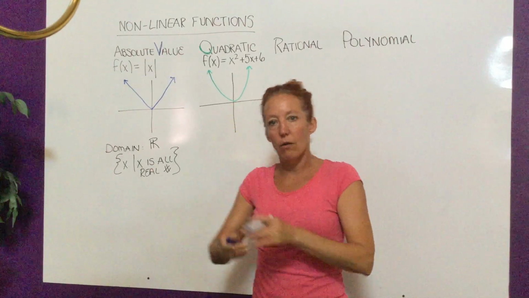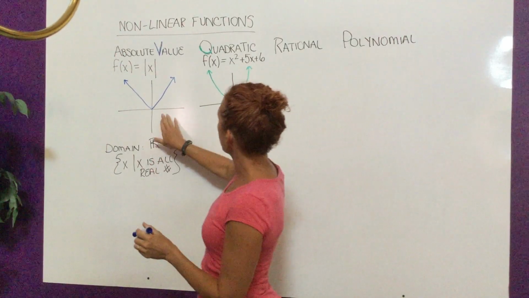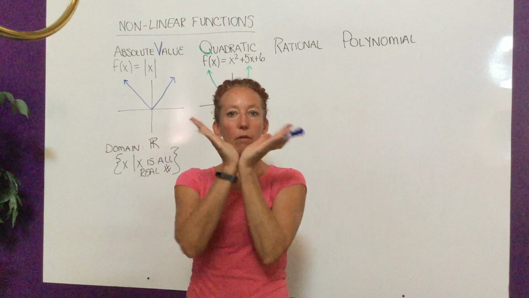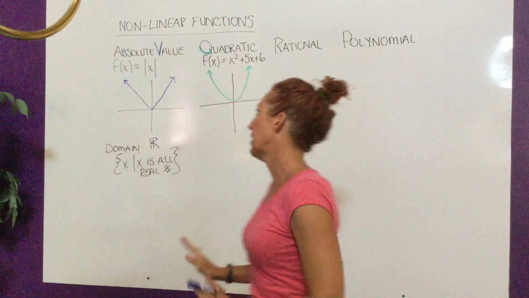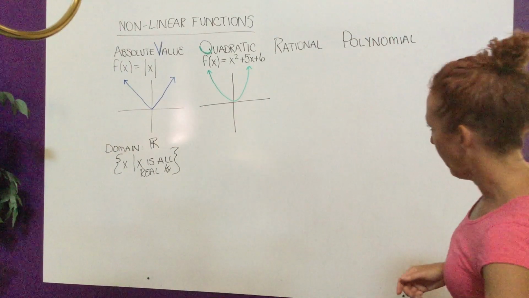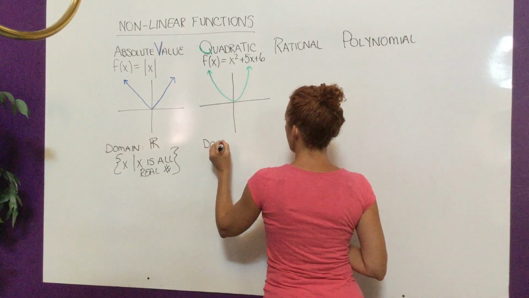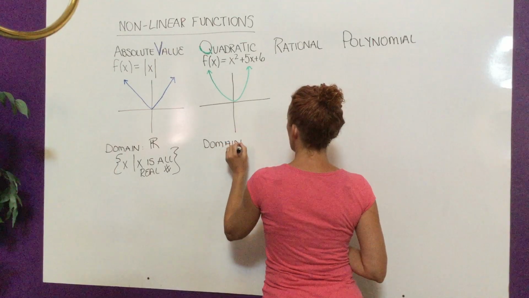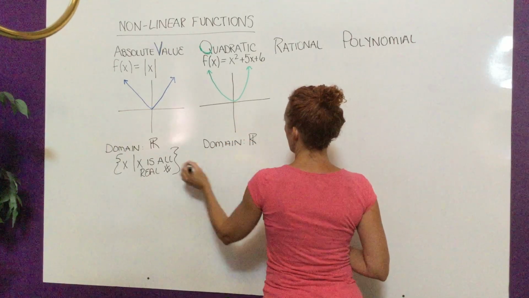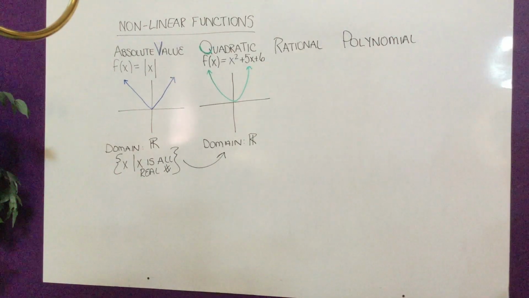It can go down. There's a lot of variations to this. Same with absolute values. They can be narrow, they can be wide, they can be shifted. We just hit the highlights here. The domain of a quadratic, again, is also all real numbers.